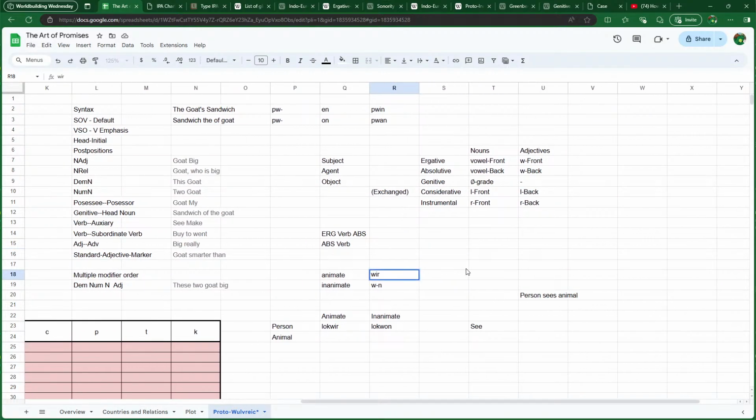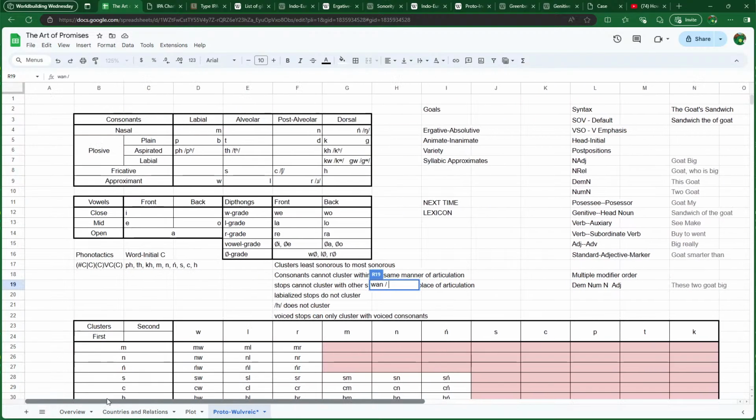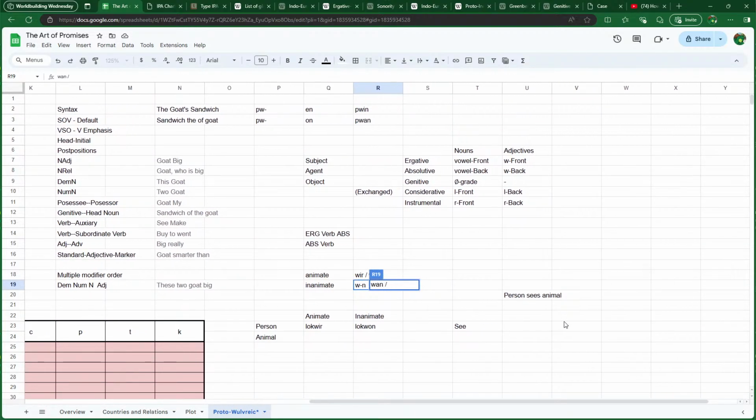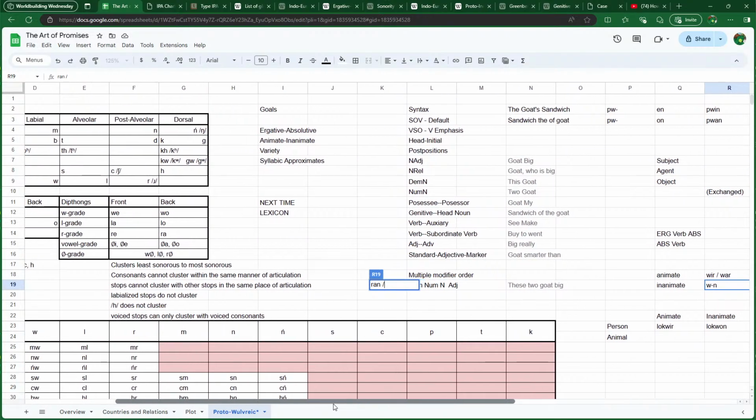So we will have this be weir slash war. And this will be wan or this will be ron, or actually no.